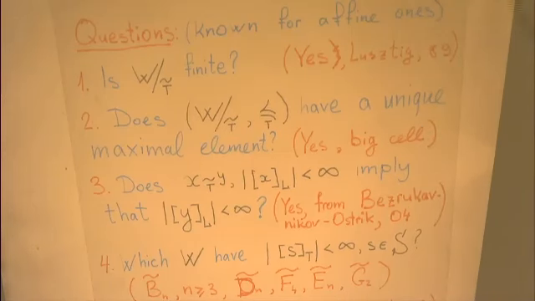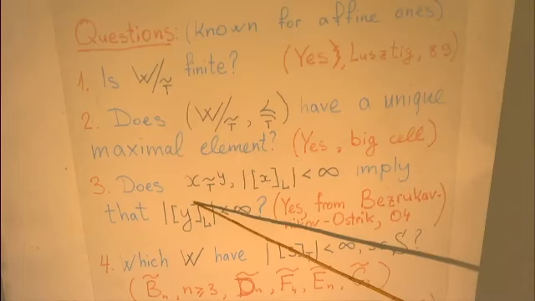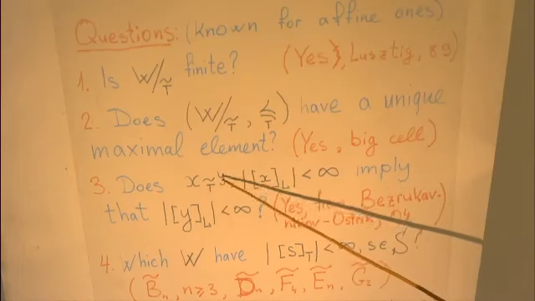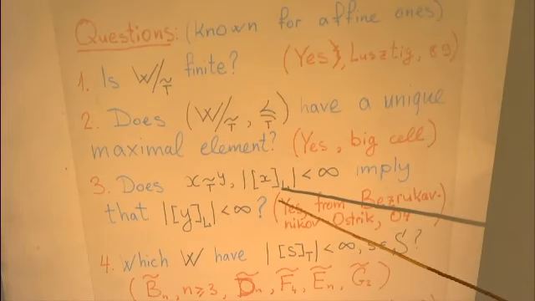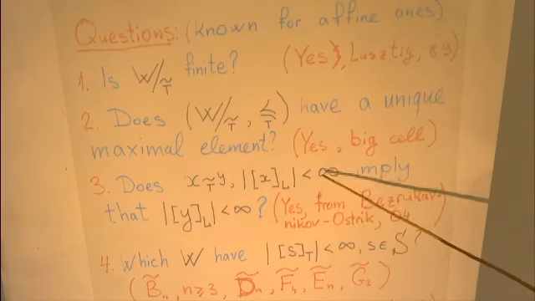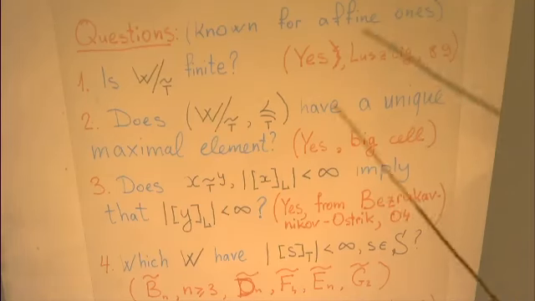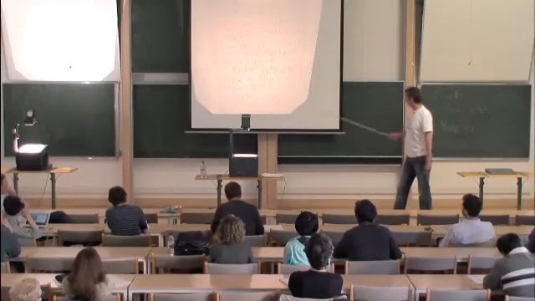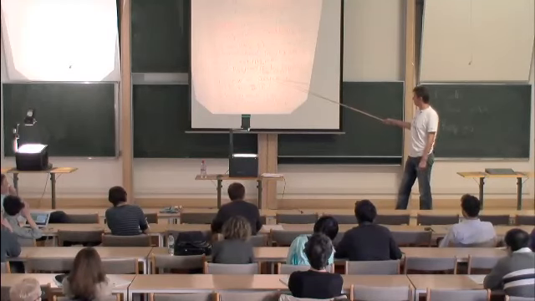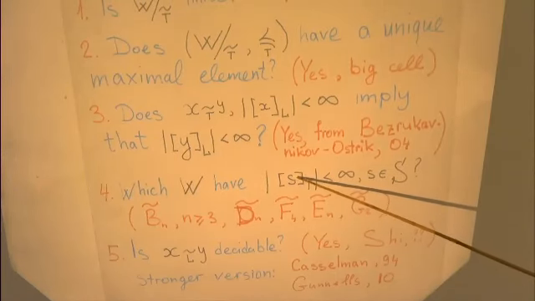This is an interesting question. It says that if two elements sit in the same two-sided cell, and the left cell of one of them is finite, is the left cell of the other finite? For affine ones, it follows from the Bezrukavnikov-Ostrik result. And in general, again, I don't know. Number 4 is, if you take the simple reflections, they all sit in the same two-sided cell.